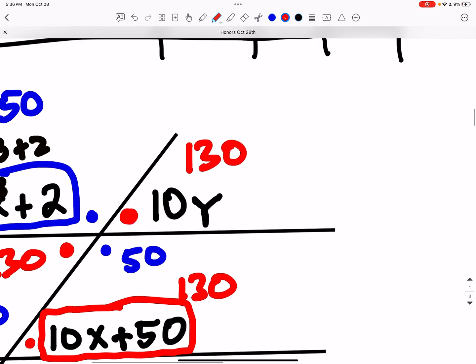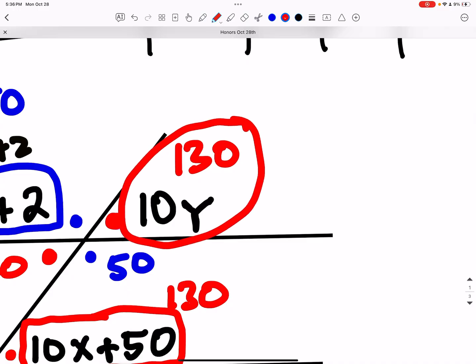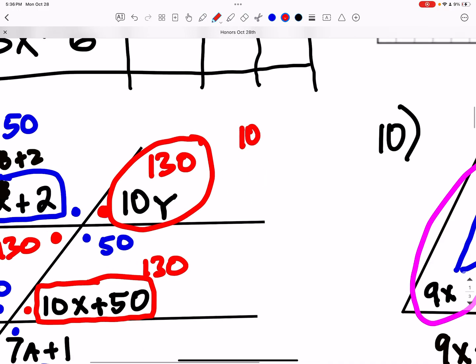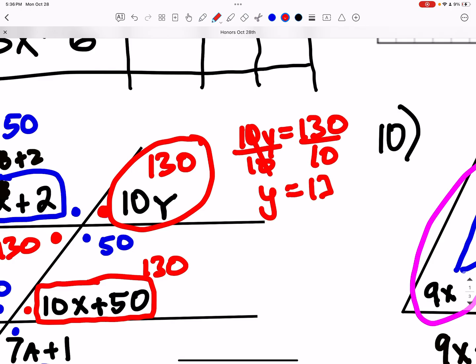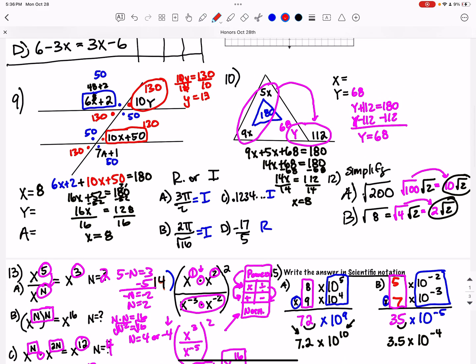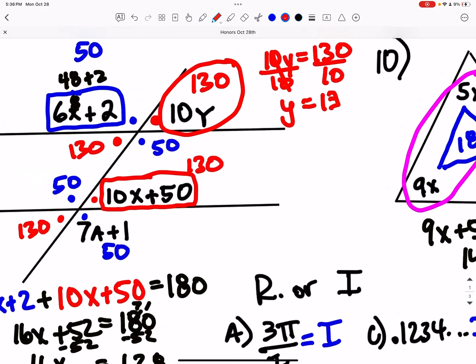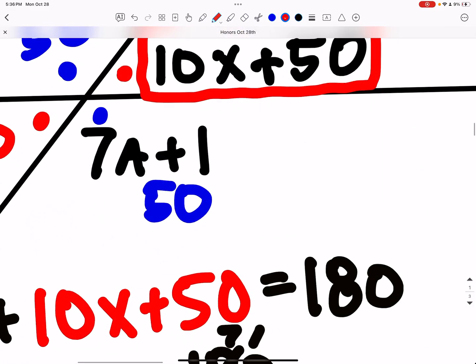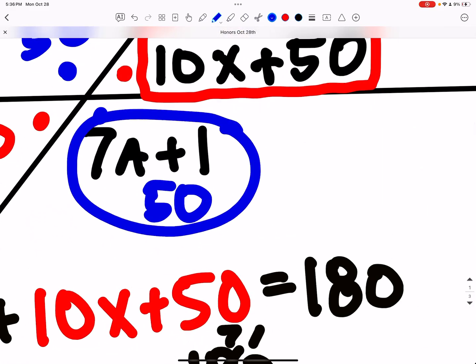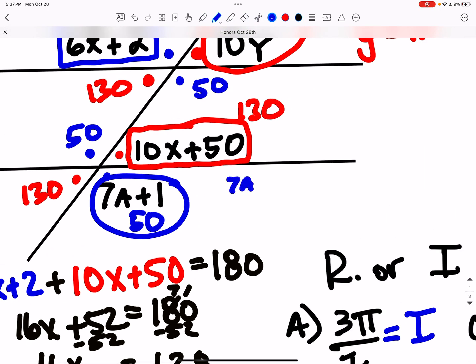Okay, let's solve for y. I know 10 y's now have to be 130. Divide by 10. Y equals 13. All right, so y's are 13s. A, over here, we have to find the A. Sweet. 7 A's plus 1 is 50.